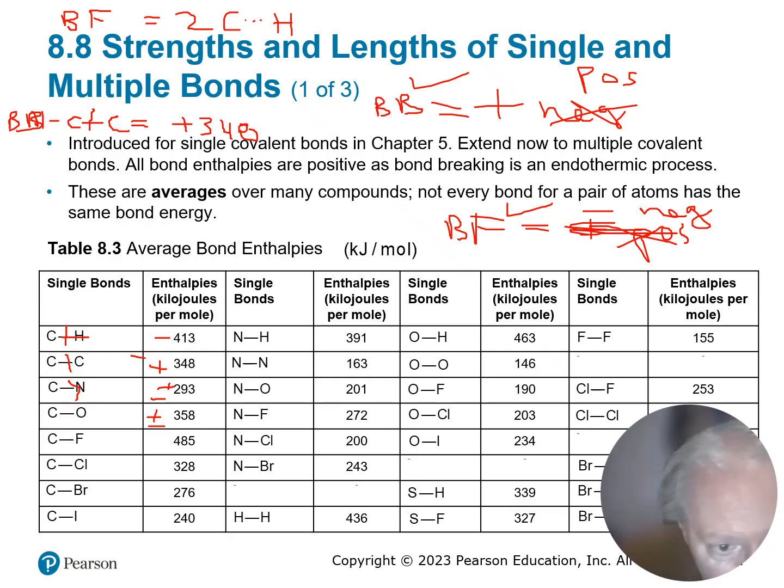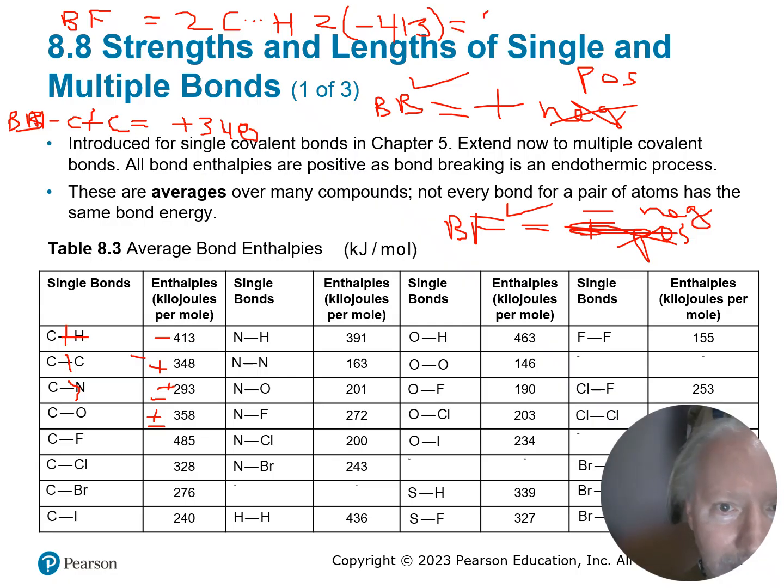And you see, you go to the table, it's 413 kilojoules per mole to break that bond. But to form it, it's the opposite. It's going to be a negative. So it's going to be 2 times negative 413 kilojoules, and we'll forget the units for now. It's always per mole.